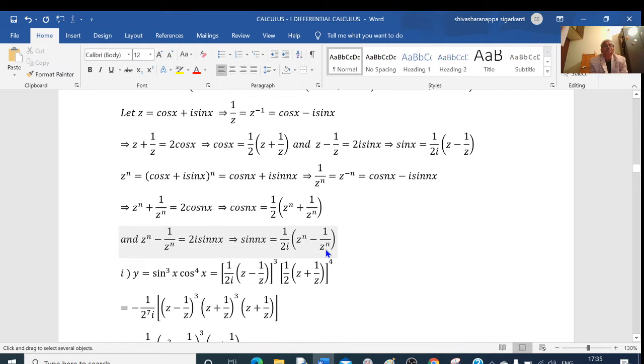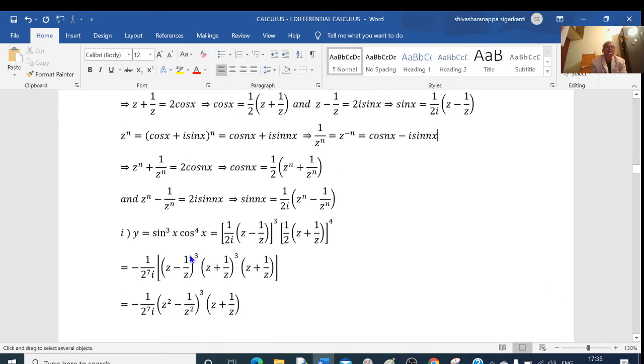So if I take z equal to cos x plus i sin x, then cos x is 1 by 2 into (z plus 1 by z), sin x is 1 by 2i into (z minus 1 by z), cos nx is 1 by 2 into (z to the n plus 1 by z to the n), and sin nx is 1 by 2i into (z to the n minus 1 by z to the n). Now, using this, I will consider an example.